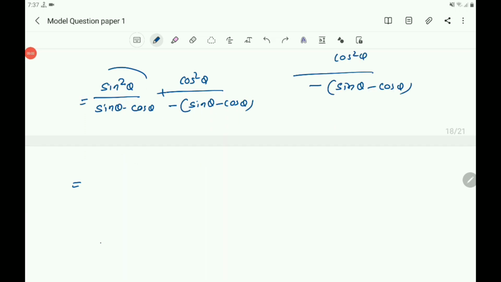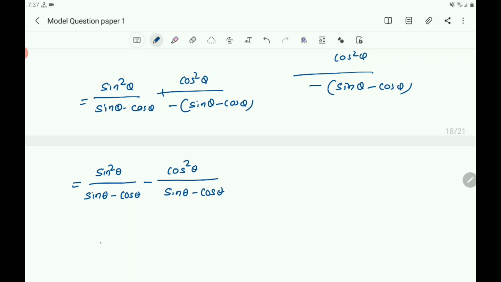So you write this one as it is, that is sin square theta by sin theta minus cos theta, and plus into minus becomes minus, and it remains cos square theta by sin theta minus cos theta.